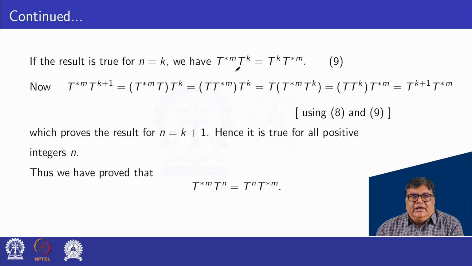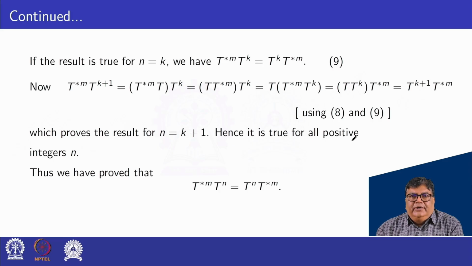So, T star m into T^k is T^k into T star m from equation 9. So this can be written as T into T^k into T star m. What is this? This is T^(k+1) into T star m. Which proves the result for n equal to k plus 1.